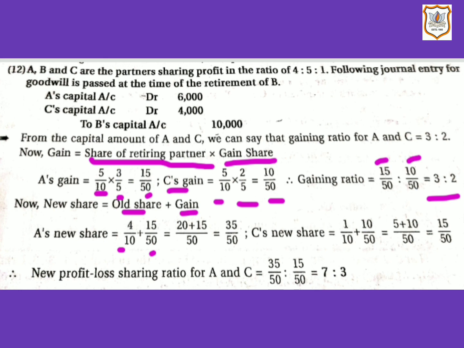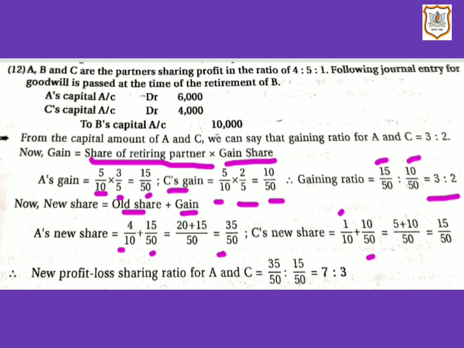If we solve it, we will get 35/50. Similarly, C's new share is equal to 1/10, that is C's old share, plus 10/50, that is C's gain.